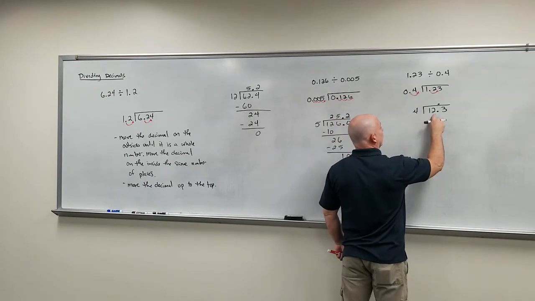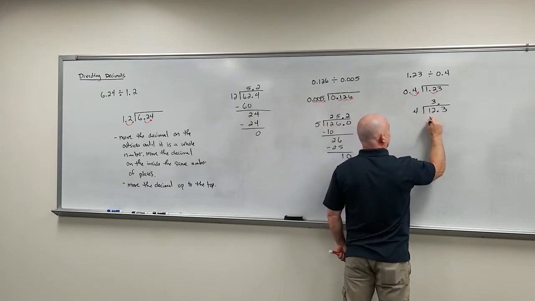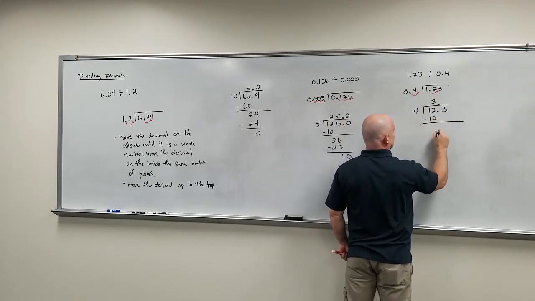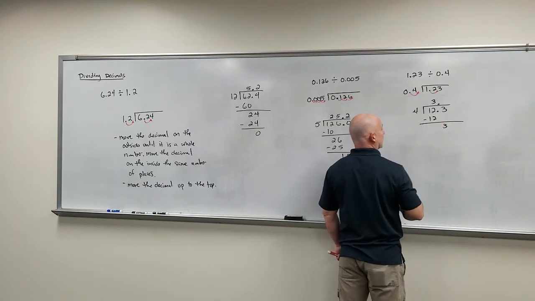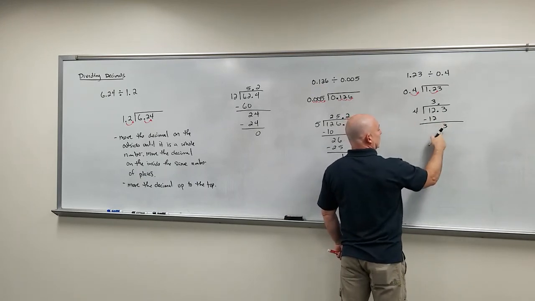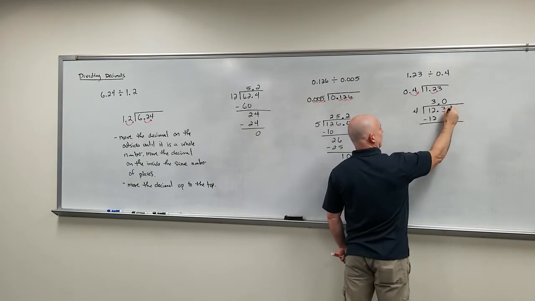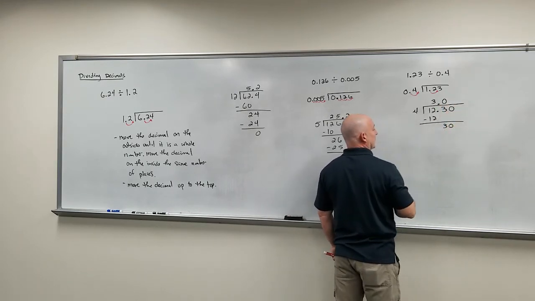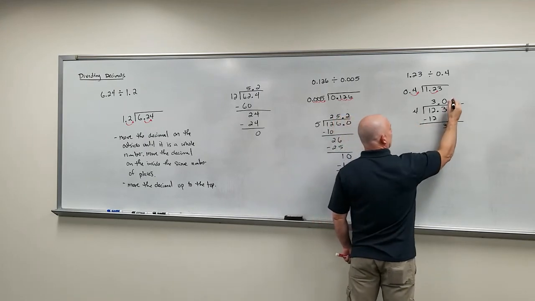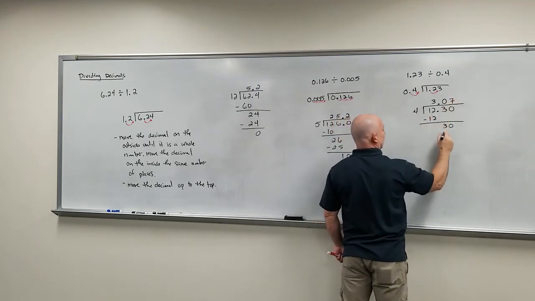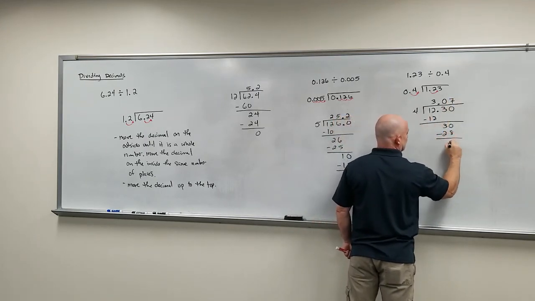4 goes into 12 3 times, which gives us 12 when we subtract. That's 0, bring down the 3. 4 goes into 3 0 times, can't go in, so we'd have to add another 0 here. 4 goes into 30, what would that be? 7 times. 7 times 4 is 28, and we subtract.